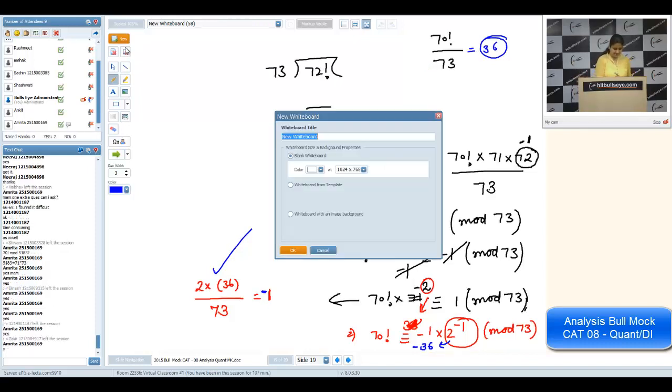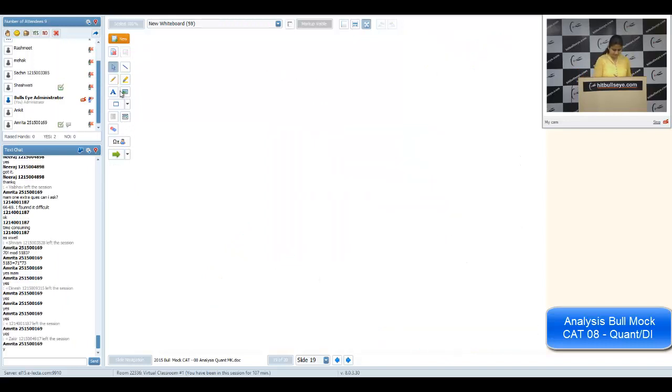I took the smaller example; I just want to explain once again. The difference was 3 here, so let it be 8 factorial. Once again I'm doing this. By Wilson's theorem we can say this. Now this can be written as 8 factorial into 9 into 10.